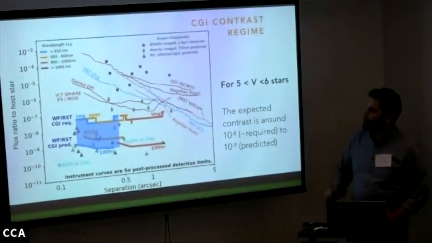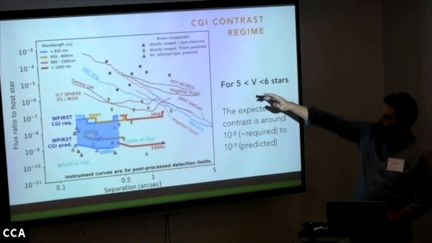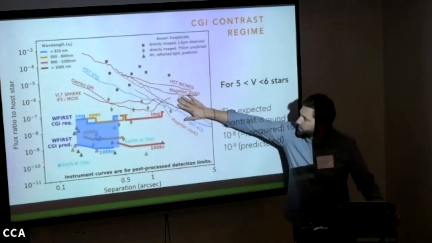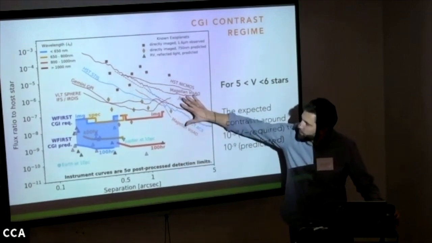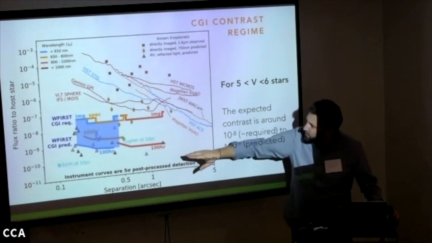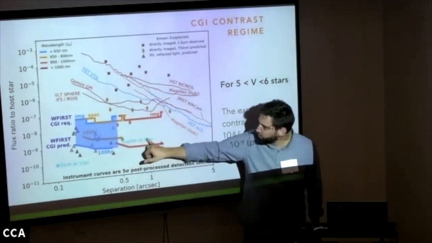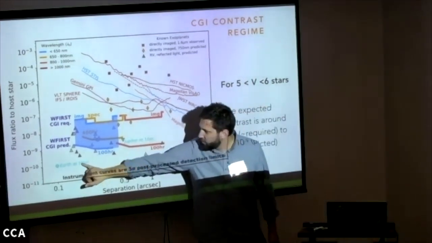This is comparing the ground-based instruments, and JWST here. This is the separation, not wavelength, but in units of lambda over D. This is one Jupiter at 10 parsec and one Earth at 10 parsec.